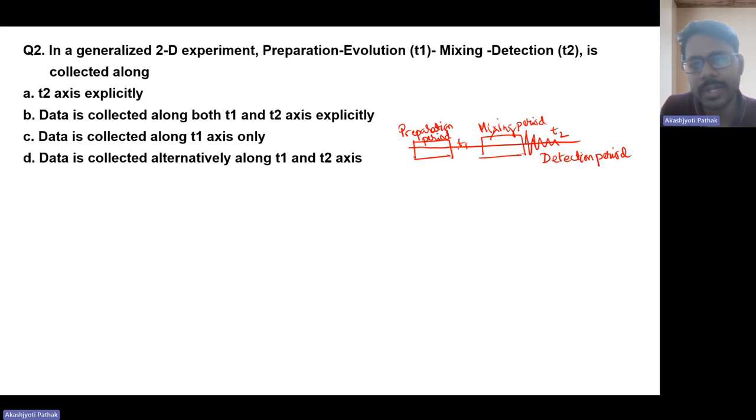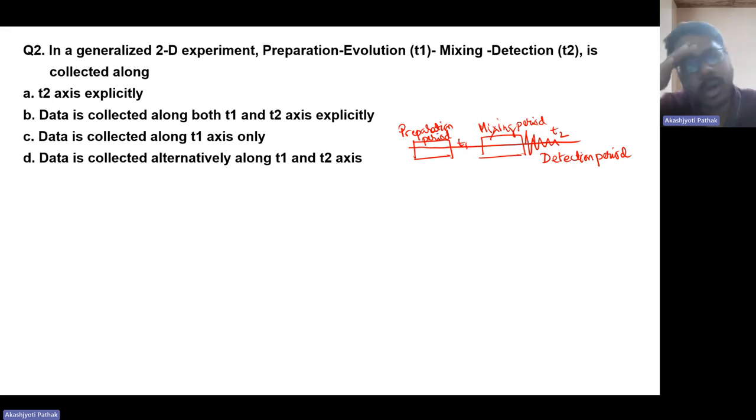We allow the different spins to relax and evolve once the transverse magnetization is created. Then in the mixing period, there will be transfer of magnetization between the spins. If there is dipolar coupling or J coupling, all these things will happen. So the main data is collected in the T2 period, in the detection period.